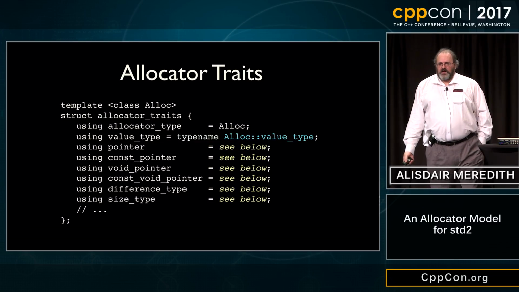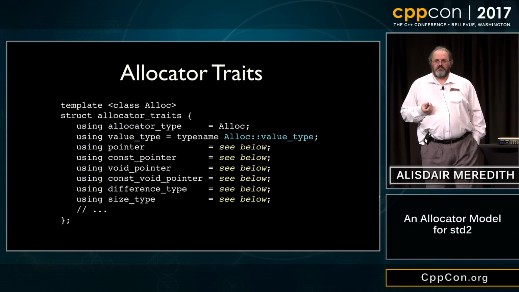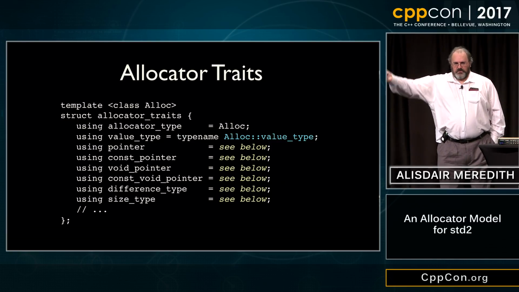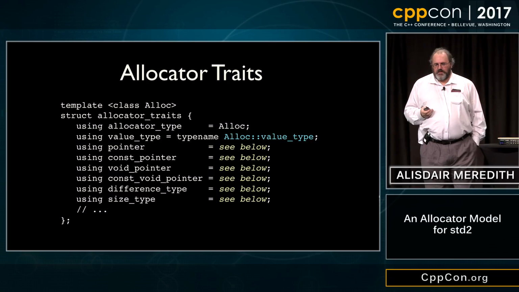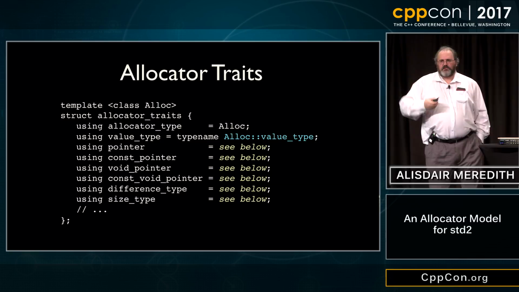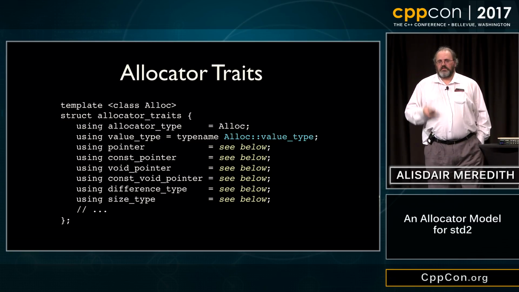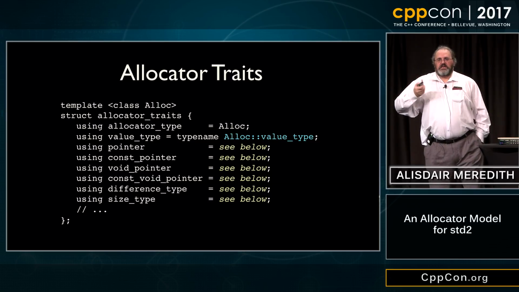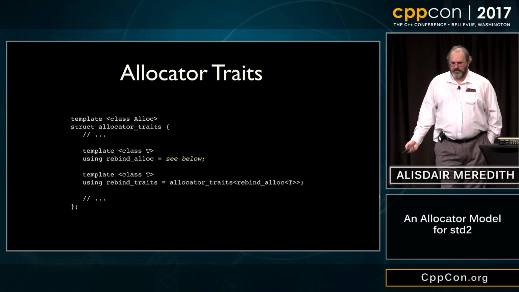And then we have a bunch of other typedefs that are really useful when you're dealing with allocations to say, what kind of pointer or constant pointer to the allocated object I'm going to get. Pointers to void, just for general access into that memory buffer. And if the allocator provides these, Allocator Traits picks them up, and otherwise it will compute a good default for you so that people don't have to worry about minutiae for their allocator that they're not dealing with.